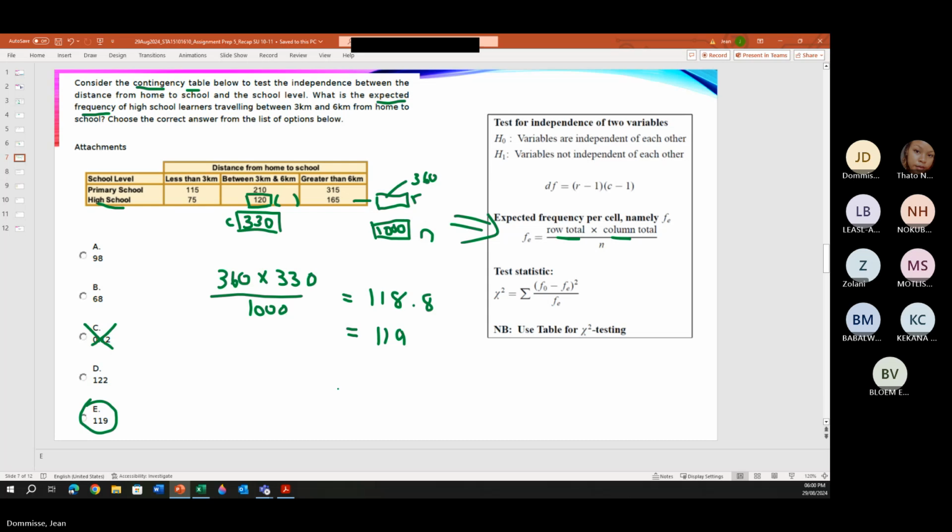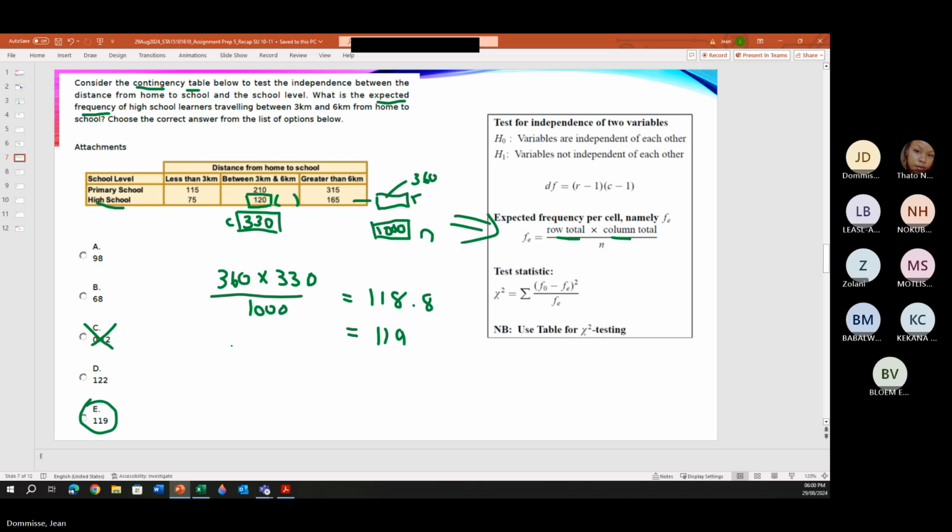Okay, so that is how we would have worked out this expected value. Just be careful as well. Sometimes they give you all of this, and then they might even ask you what is the observed number, just to see if you know the difference between observed and expected.